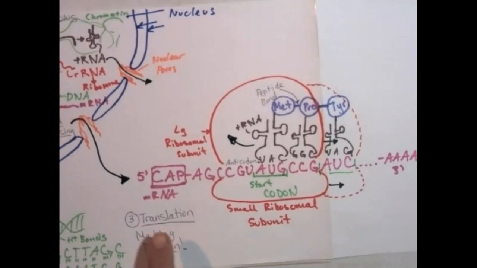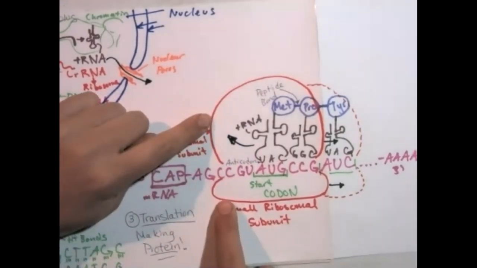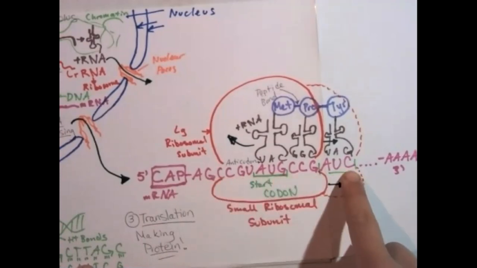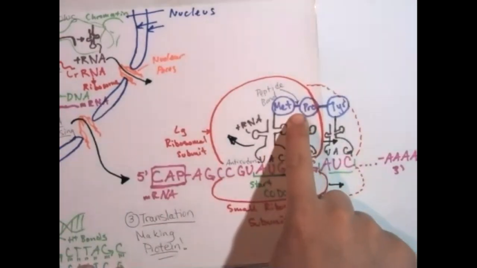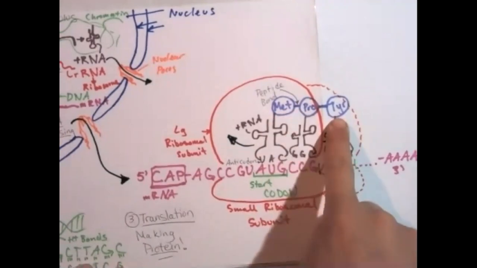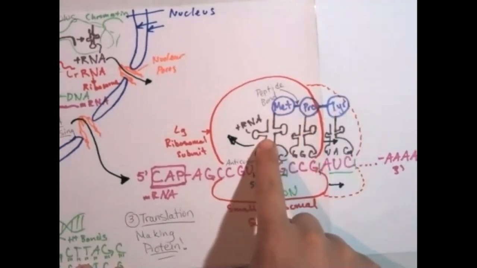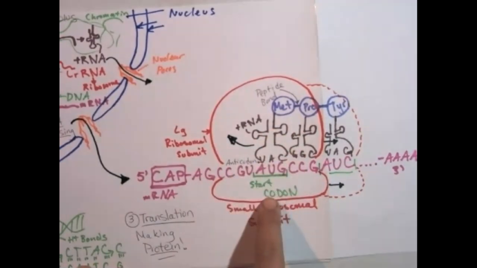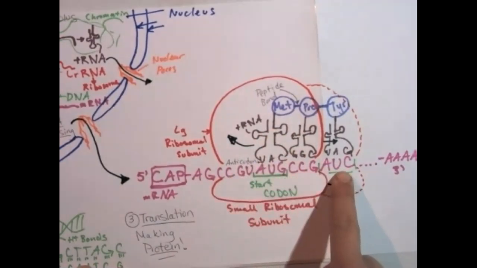All right, so again, translation is the process of the ribosome reading the mRNA, catalyzing reactions between amino acids, which are delivered by tRNA based on the codons within the mRNA.